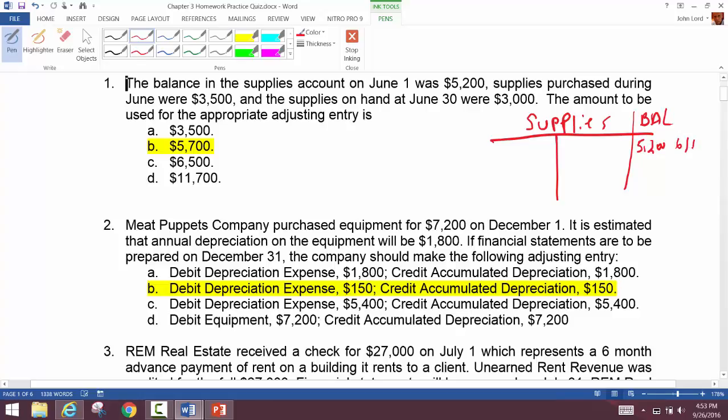Then they say during the month, supplies were purchased of $3,500. If I purchase supplies at $3,500, is supplies an asset? Yes, it is. So I'm going to debit supplies.